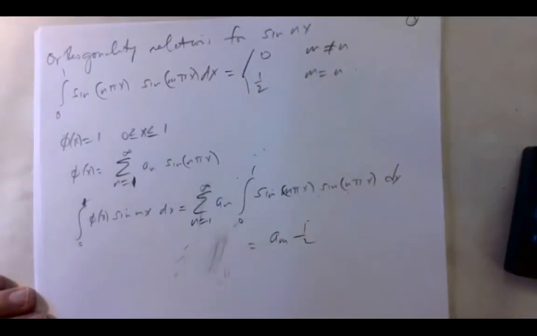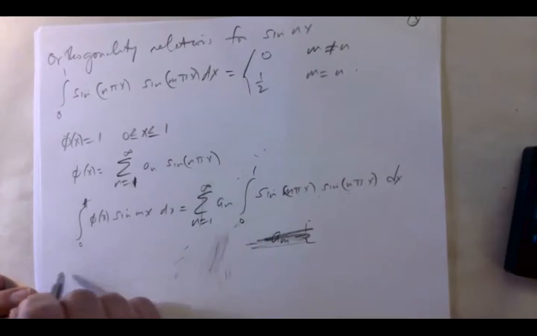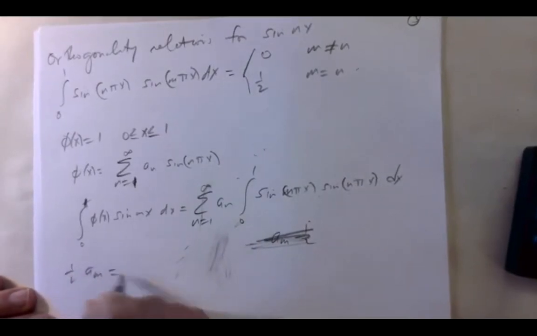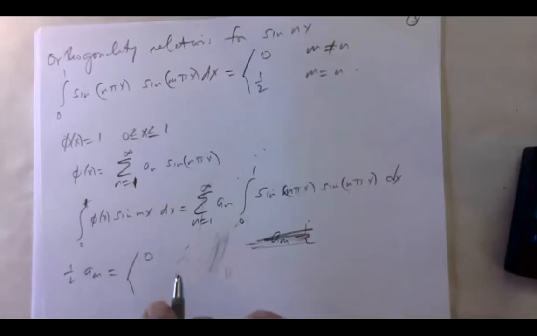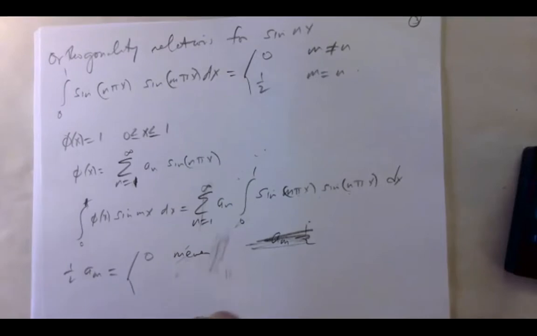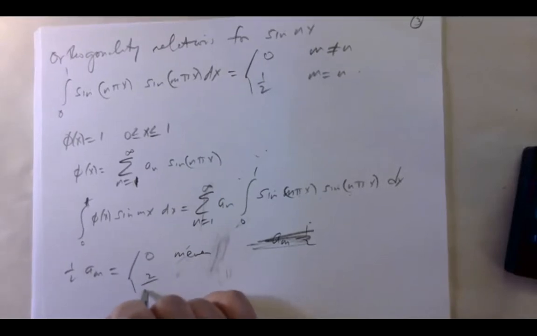And what we have on this side is, so let me just reverse it. So a half a sub m is equal to 0 if m is even, and it's equal to 2 over m pi if m is odd.